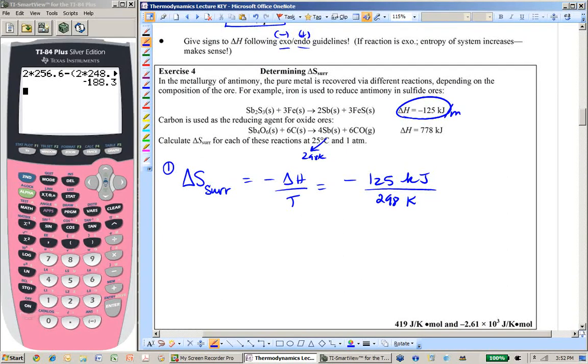And this really should read per mole, and this should read per mole. They're not telling us it isn't, so I'm going to assume that it is. Keep my units straight. So I get negative 125 divided by 298. And I get an entropy change in kilojoules.